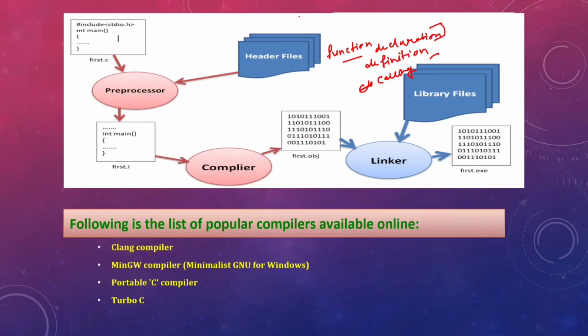So the linker matches the content from these files, searches for that content in the library files, fetches it and links it with this object file. After linking, this file is converted into the executable file.